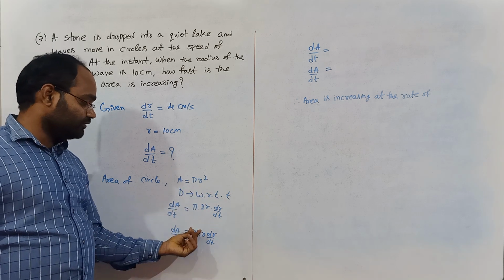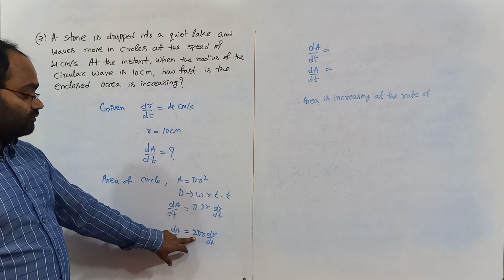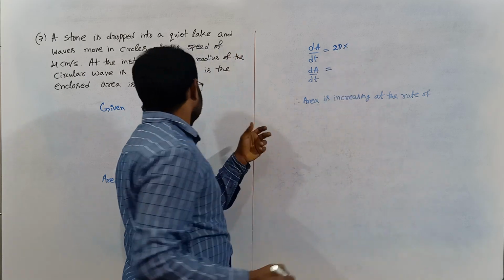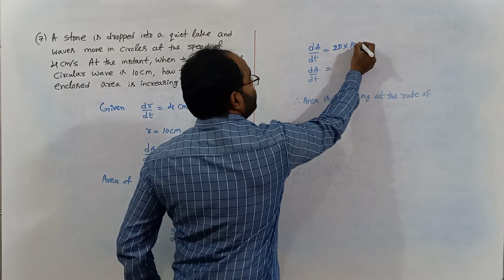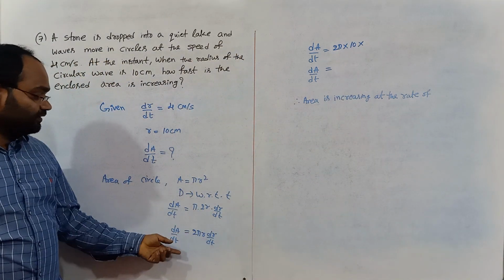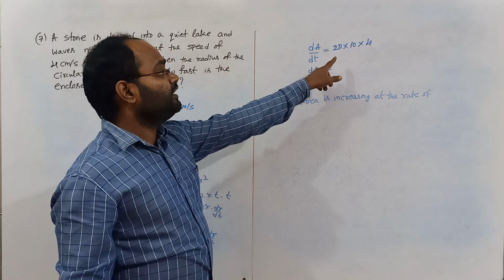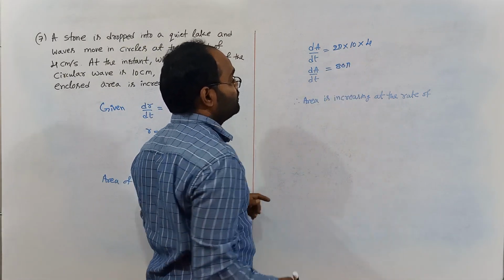Differentiate, you will get 2 pi r dr by dt. Now let us substitute. dA by dt is 2 pi into the radius, that is 10, into dr by dt, which is given, that is 4. So 4 into 2 is 8, 8 into 10 is 80.